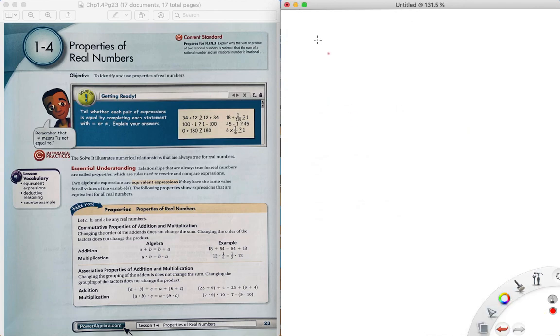Then we have the associative property of addition, which says that if I have (2 plus 4) plus 6 and 2 plus (4 plus 6), the order of the numbers doesn't change. 2 is first, 4 is second, 6 is third on both sides.